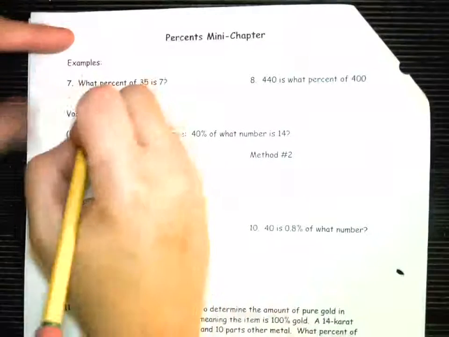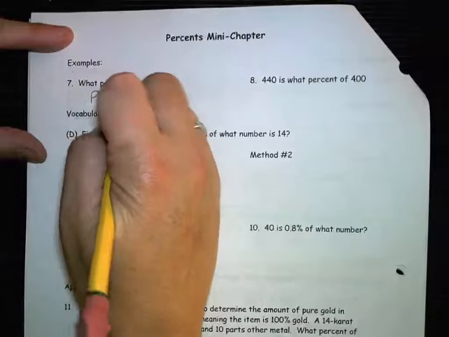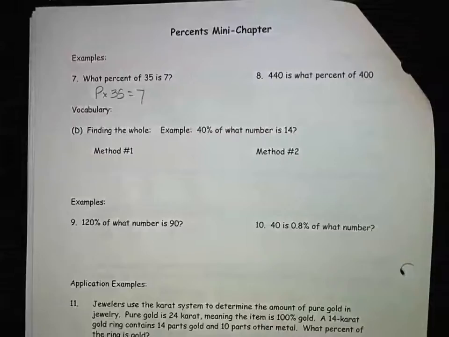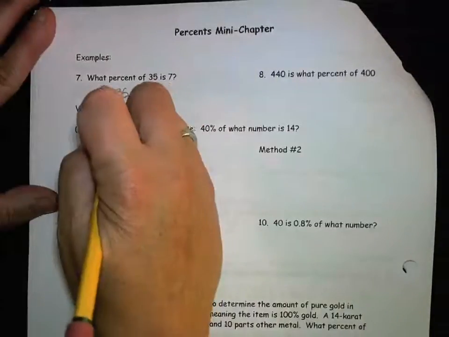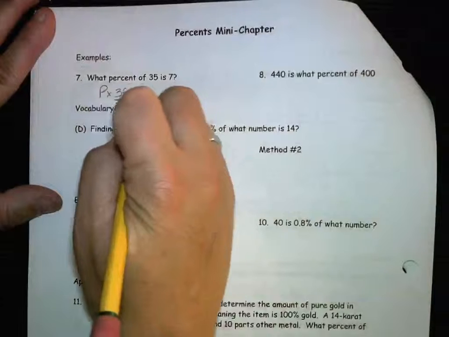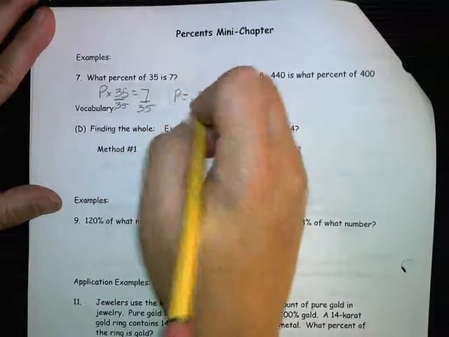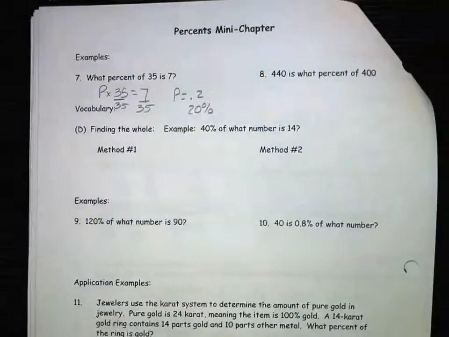What percent of 35 is 7? So grabbing your calculator, you can do 7 divided by 35, and you end up with 0.2, which is 20%.